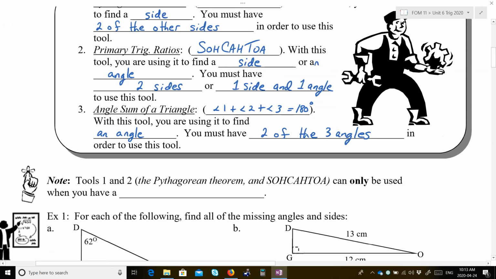Note, tools 1 and 2, the Pythagorean theorem and SOHCAHTOA, can only be used when you have a right triangle. Okay, so those 2 tools are only good in right triangles. You have a right triangle, and of course a right triangle is one that has a 90-degree angle in it. So a little 90 like that.